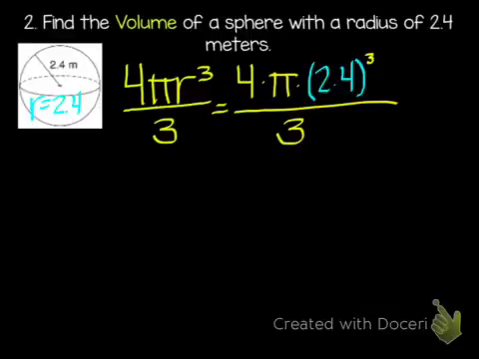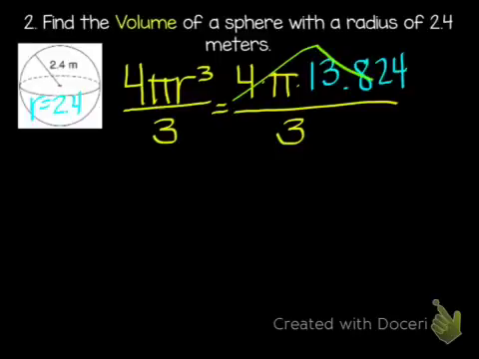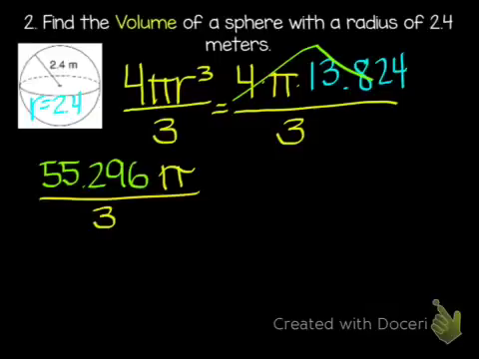I'm going to do 2.4 times 2.4 times 2.4, which gives me 13.824. Our next thing to do is 4 times 13.824, which gives us 55.296. So it's 55.296 pi divided by 3.